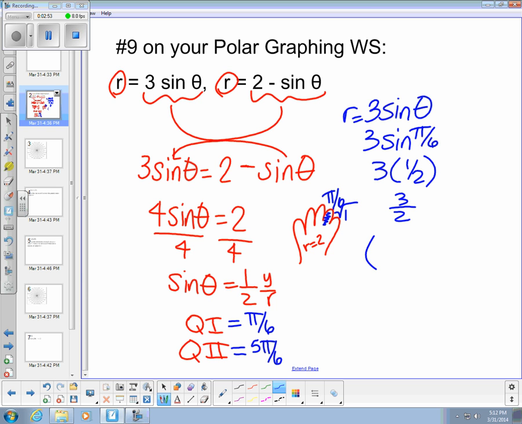So our points of intersection, and remember polar coordinates are always r comma theta, would be 3/2 comma pi over 6 and 3/2 comma 5 pi over 6. Now remember 5 pi over 6 and pi over 6 have the same sine value, that's why I didn't plug both of them in. But those are your points of intersection.